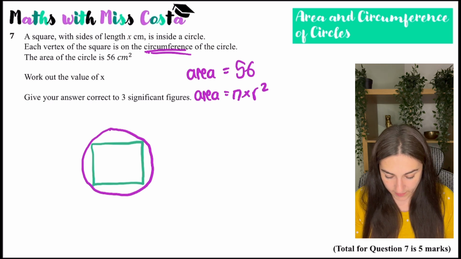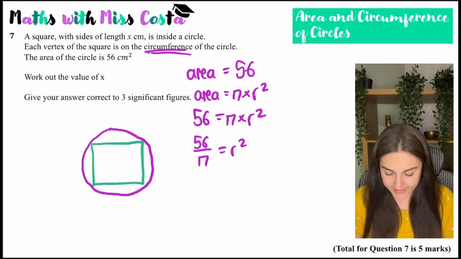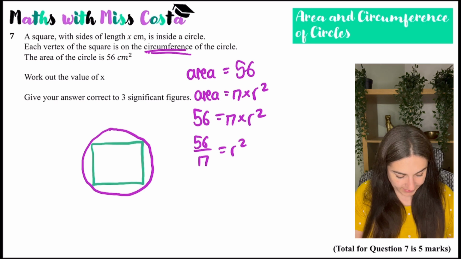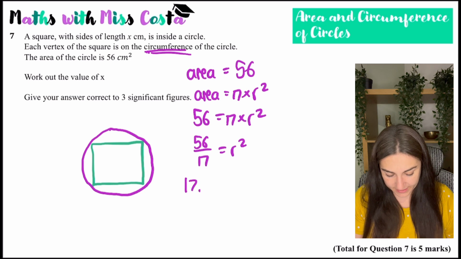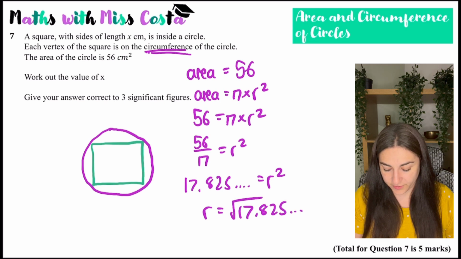So I know that 56 is pi times by radius squared. So if I did 56 divided by pi, that would tell me what the radius squared is. And 56 divided by pi is 17.825. That's r squared. So r is going to be the square root of 17.825. I don't need to write it all out.